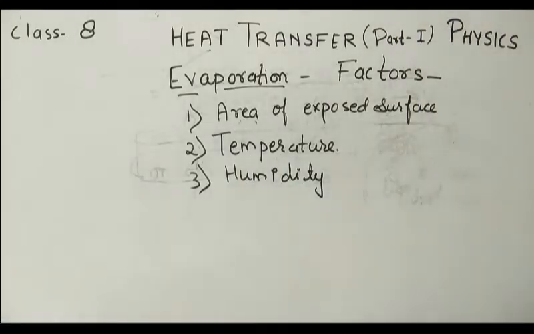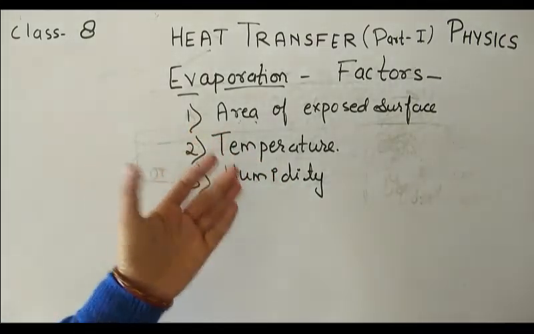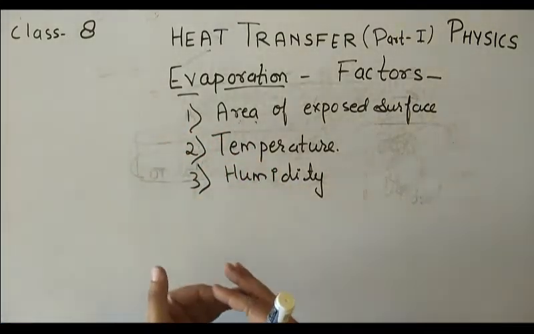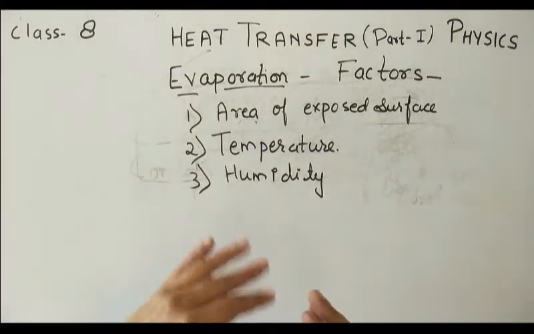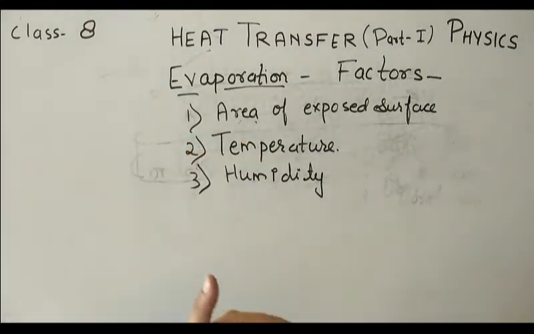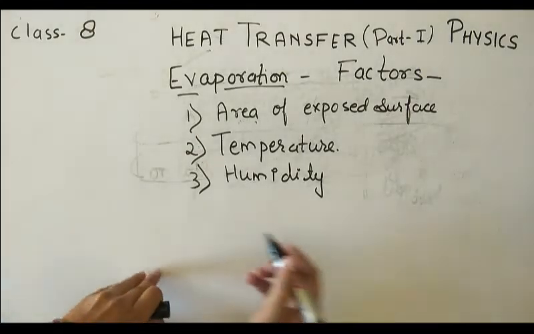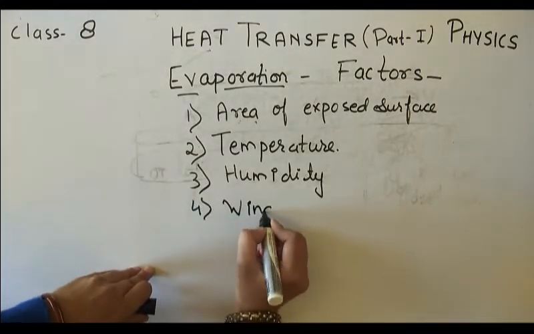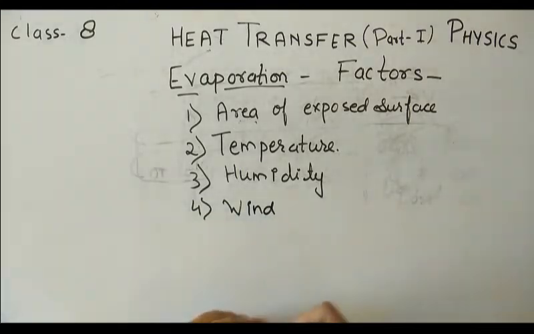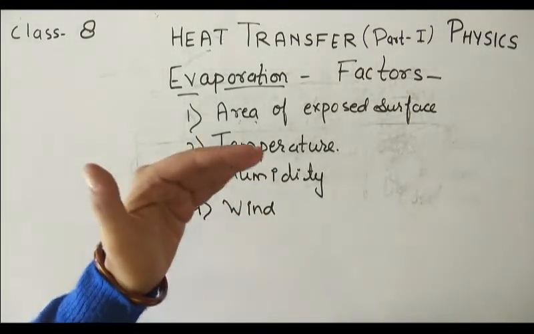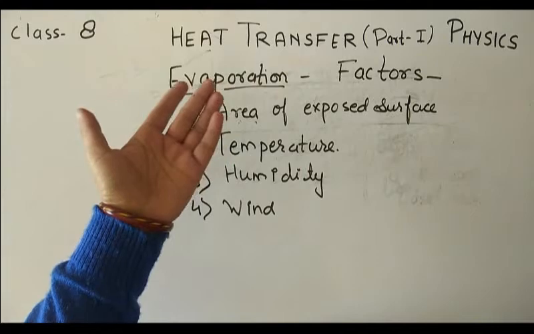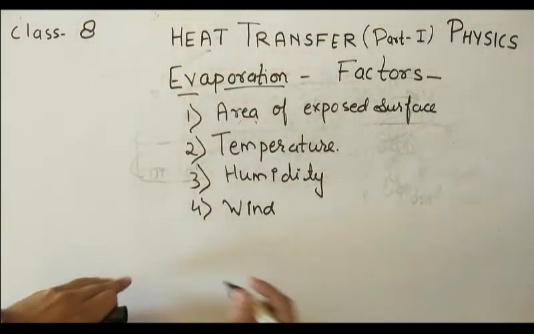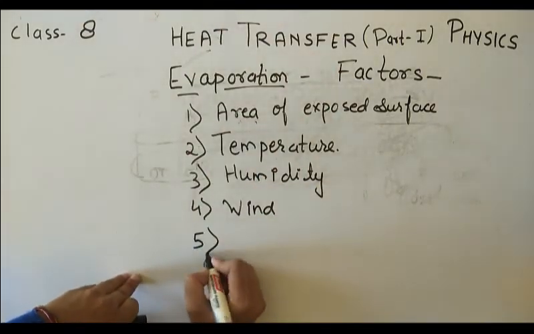The greater the humidity in the air, the lower the rate of evaporation. Next, the wind. If wind is moving fast, the rate of evaporation will increase, and if wind is moving slow, the rate of evaporation will decrease.